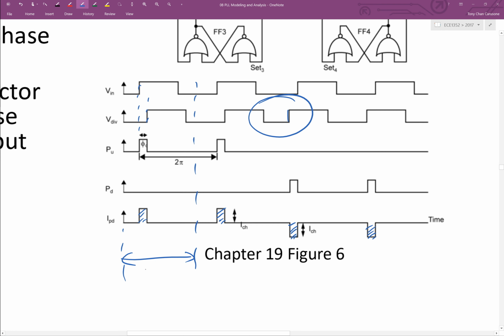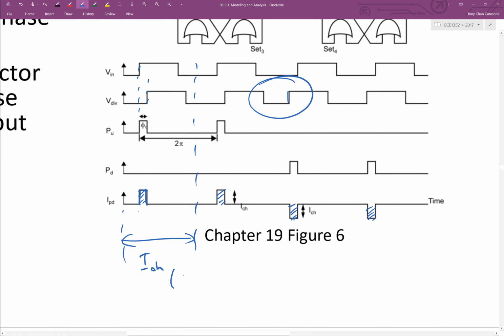So how much current came out during this clock period from the charge pump? It was this amount of current, right? ICH. But it was only producing that amount of current for a fraction of time equal to the phase error divided by 2 pi. Right?